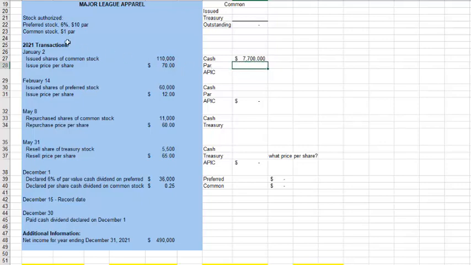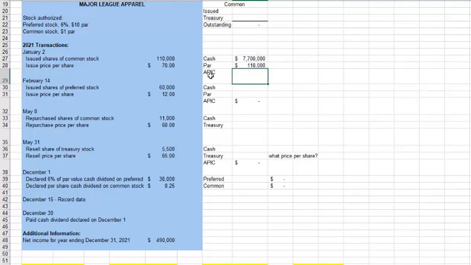Let's calculate our par. We have $1 par. We're going to multiply that by the number of shares that we issued. We issued 110,000 shares multiplied by $1. That's going to give us $110,000 of par.